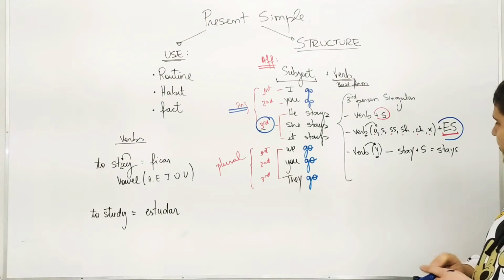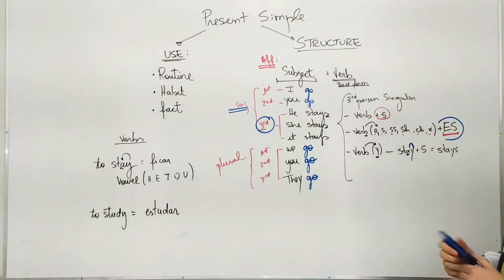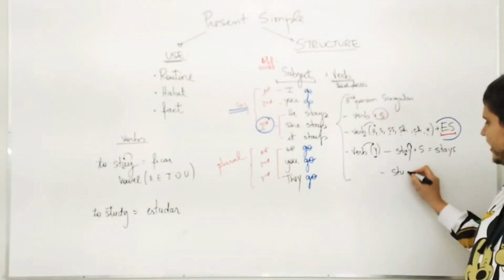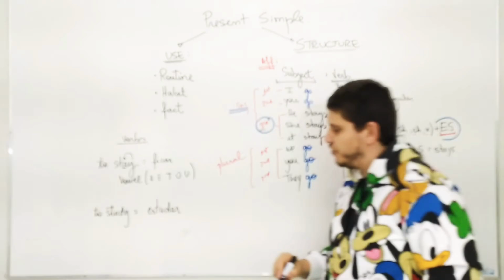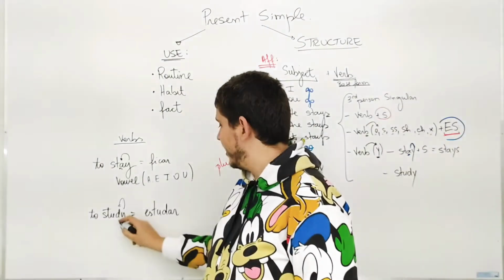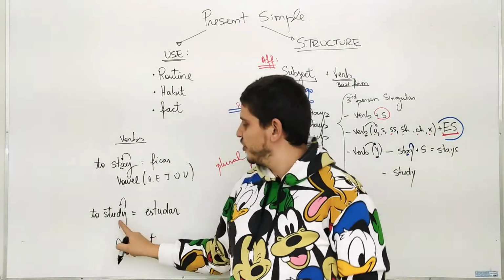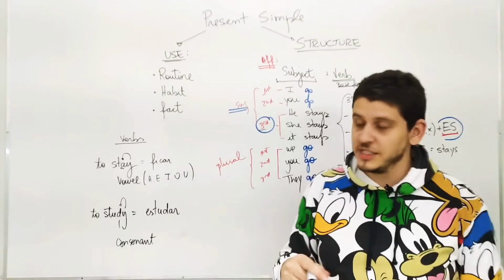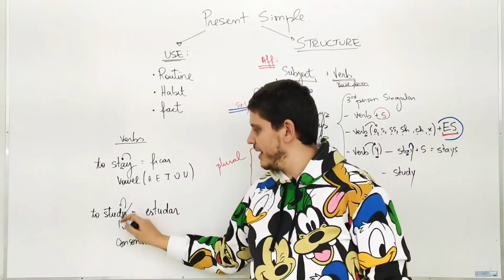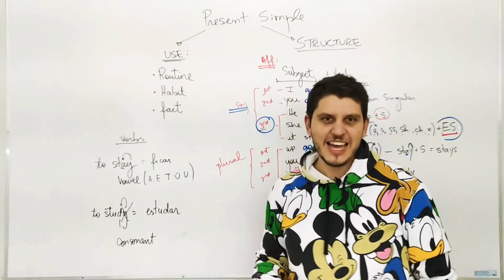Why that? Because before the Y we have a vowel. But if you take a look at the verb study, before the Y we don't have a vowel anymore. We have a consonant. And if before this Y you have a consonant, the rule says you need to drop the Y. So bye, Y. And we add IES.